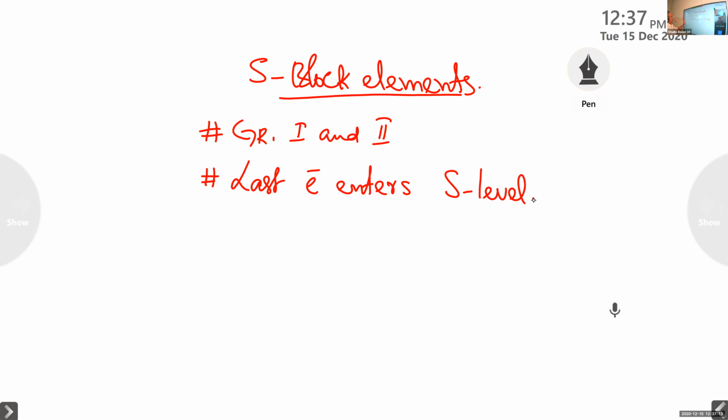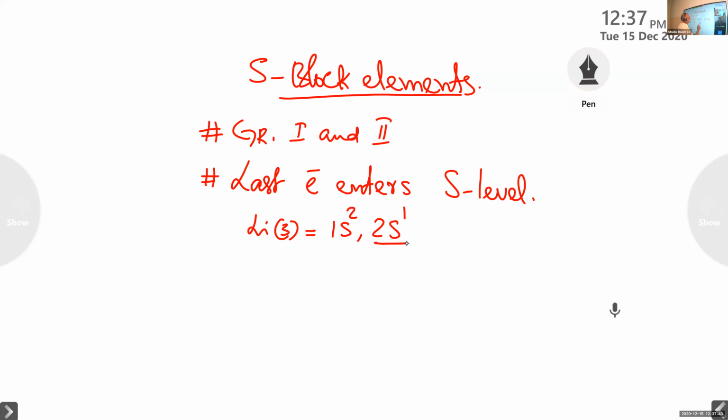For example, you take a group 1 element, say lithium. We know atomic number is equal to 3, so there will be 3 electrons, and the configuration will be 1s2, then 2s1.